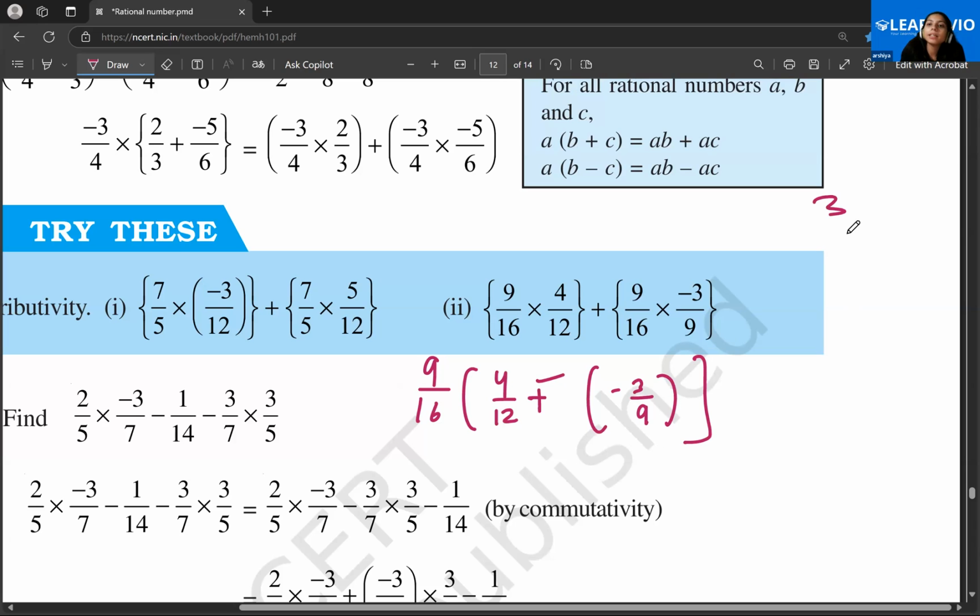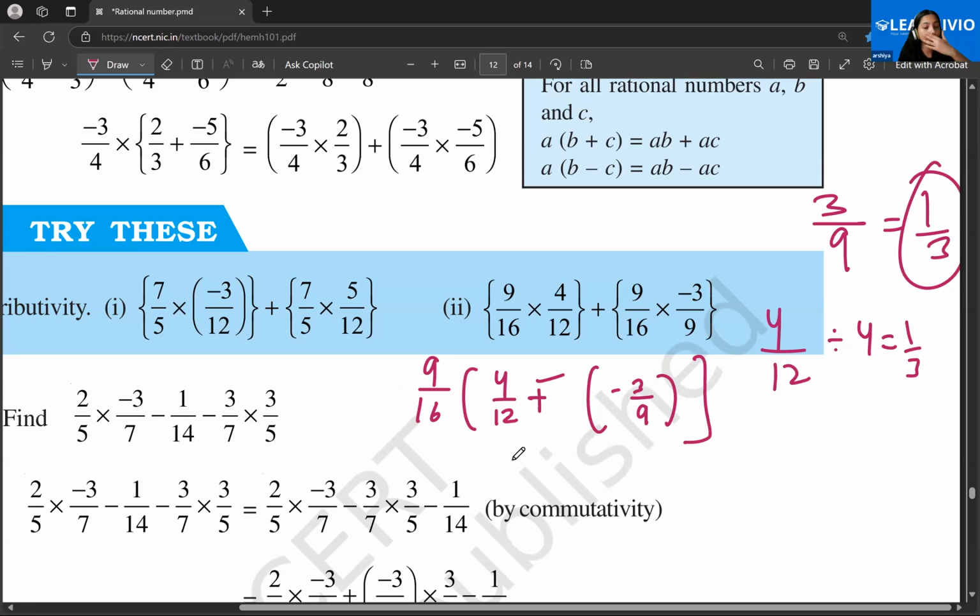But if I see 3 by 9, I can write it as 1 by 3, dividing by 3. 4 by 12, if I divide it by 4, I'll get 1 by 3. So basically, you would have gotten this in one step. This became 1 by 3 plus minus 1 by 3. Plus minus is minus.